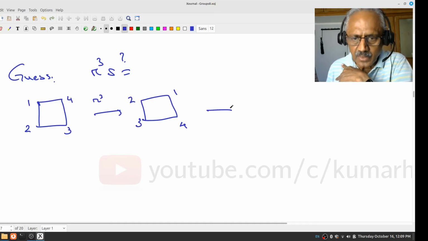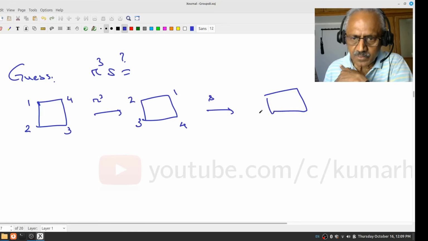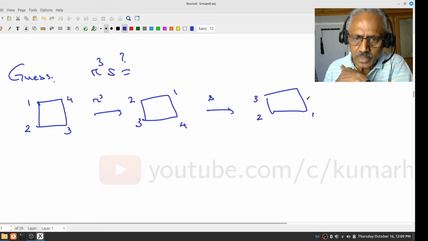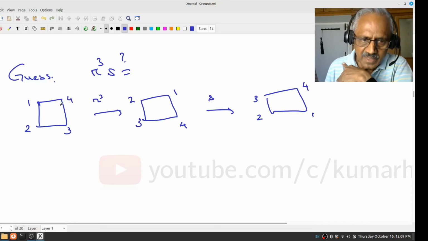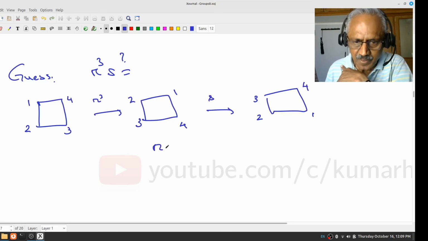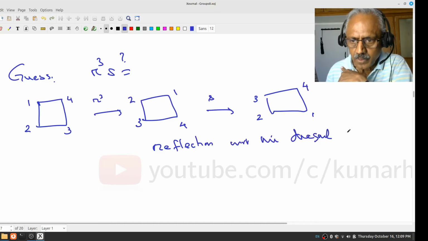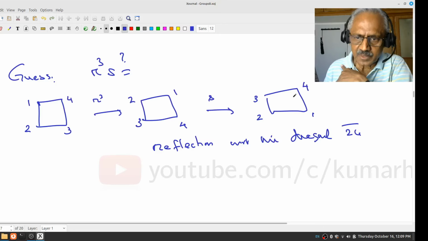Now I apply S. S is reflection with respect to the x-axis. Therefore, what do I get? 3, 2, 1, and 4. Is it clear? And what is this? 2 and 4 remain fixed. Therefore, it's a reflection with respect to the diagonal 2, 4, the line segment 2, 4.